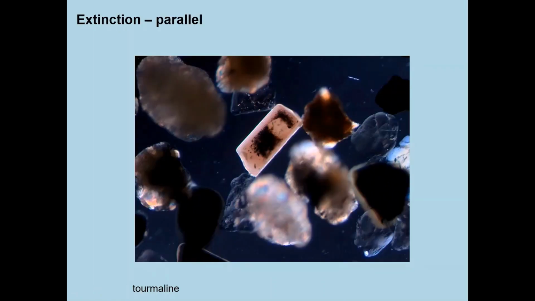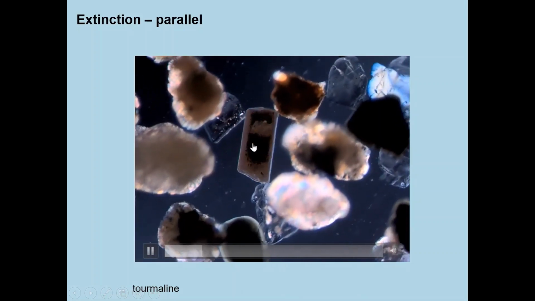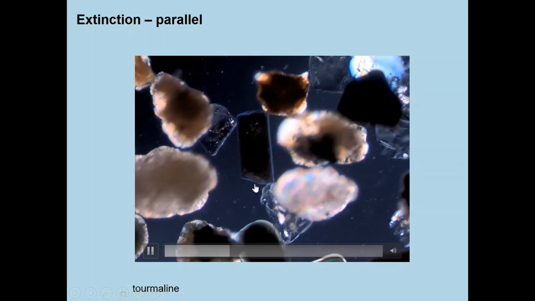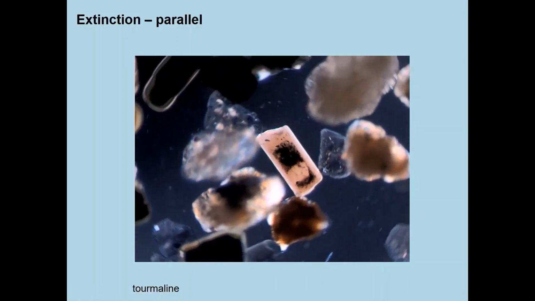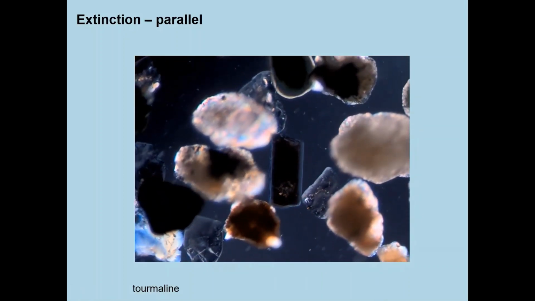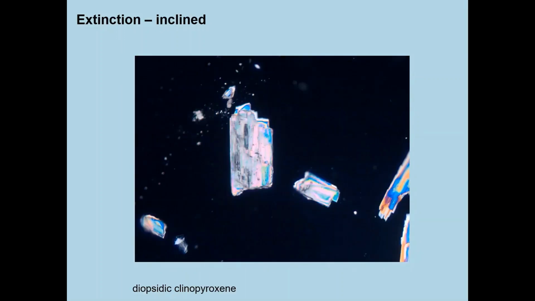In elongated minerals, there are two more features to observe. The first one is called extinction. To observe the extinction, you rotate your mineral into a north-south position. In this example, this tourmaline grain is extinct in this position. This is called parallel extinction. In this example, the grain is not extinct while oriented in a north-south orientation.